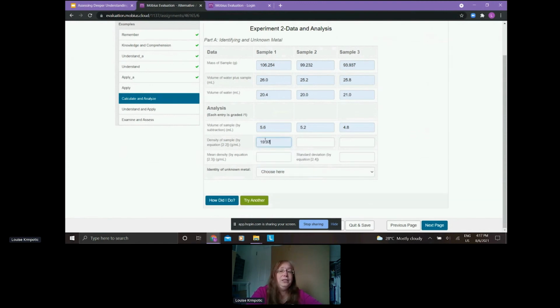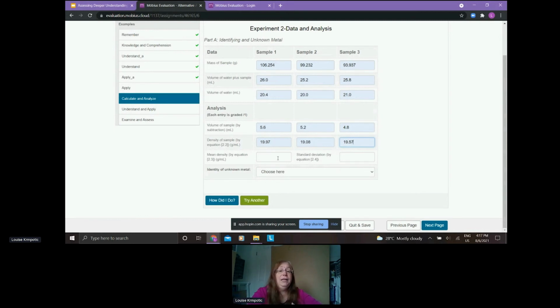They're given an equation that they would have known, and they can go through and do that calculation. Now this calculation is all based on the measurements that they have done up above. So now even if they made a mistake in the measurement, as long as they can calculate the density appropriately, they can still get the marks.